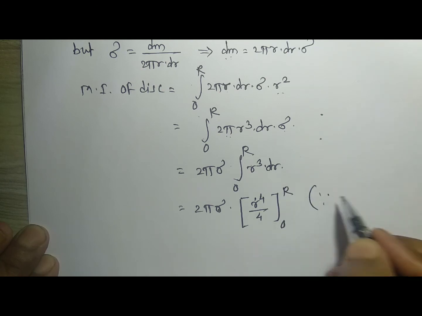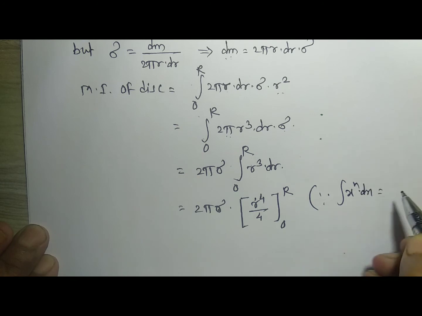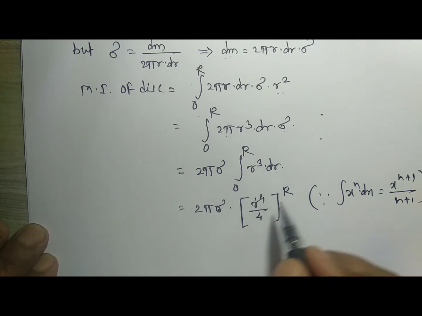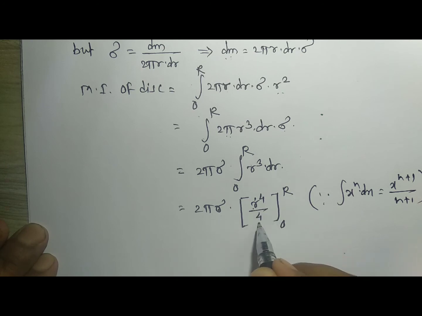Here the integration of x raised to n into dx is equal to x raised to n plus 1 divided by n plus 1, and by using this formula you will get the integration of r cube dr is nothing but r raised to 4 divided by 4.